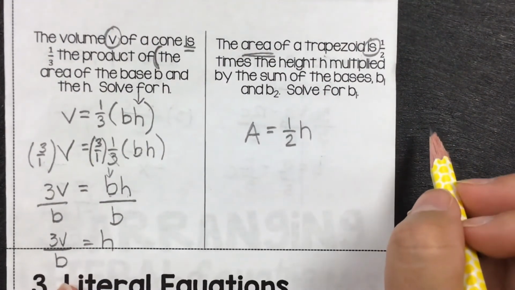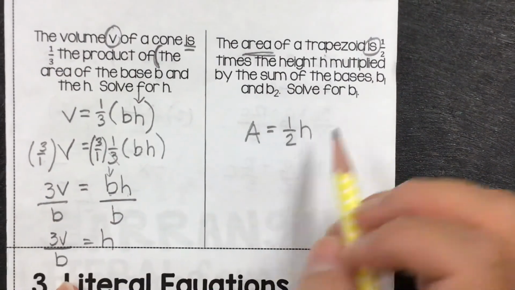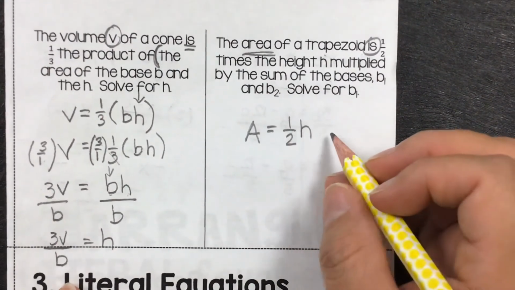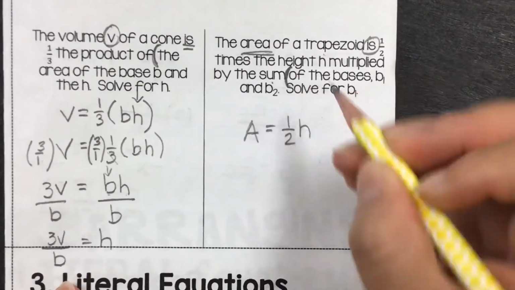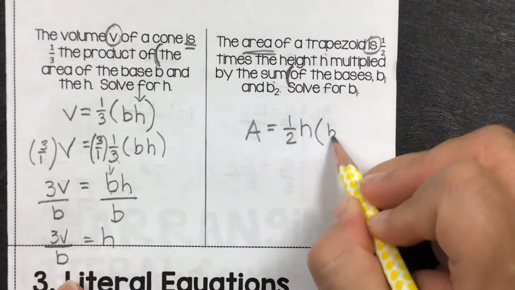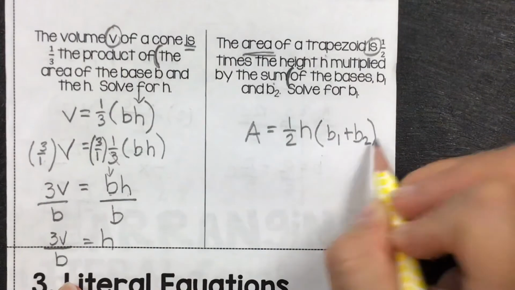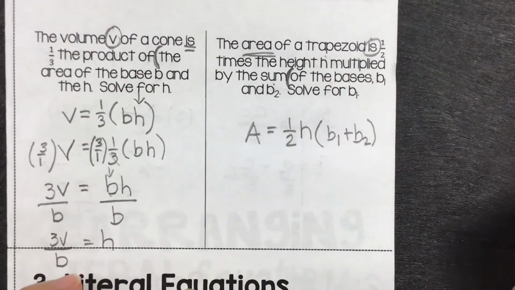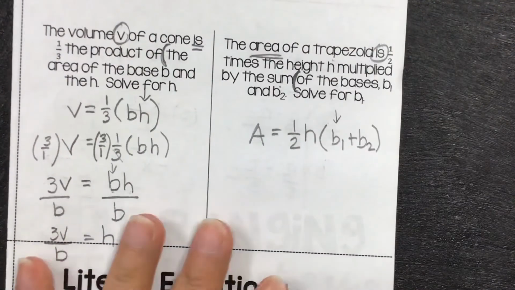So the height, because multiplication doesn't need an indication when you have it like this. And then the sum indicates parentheses of B1 plus B2. Close those parentheses. We're solving for B1.